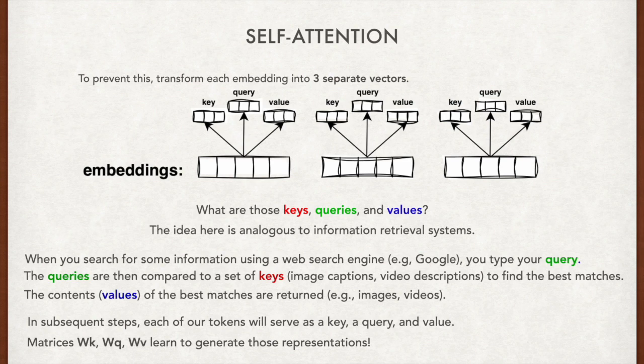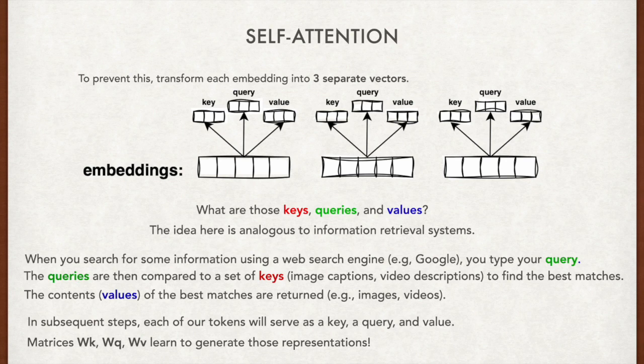Producing such three different representations for each token is the idea that is taken from the field of information retrieval. We can frame our problem here as an attempt to find the most relevant tokens in our sequence for a given special token called a query. If we use some web search engine, for example searching for some pictures of cats, we type some query, a cat.